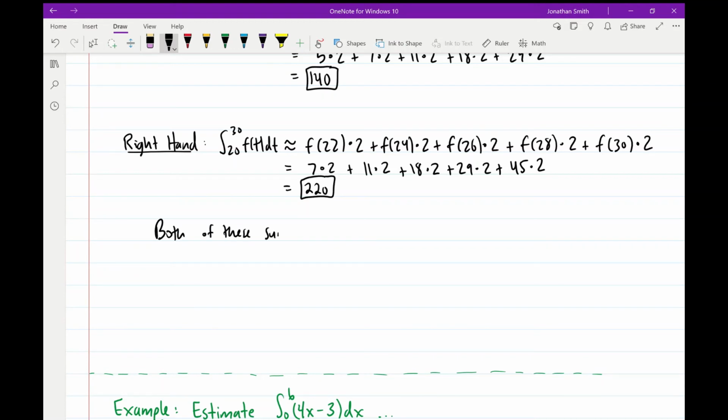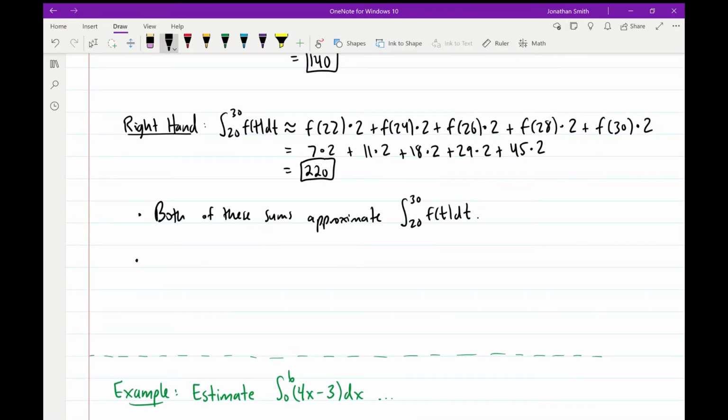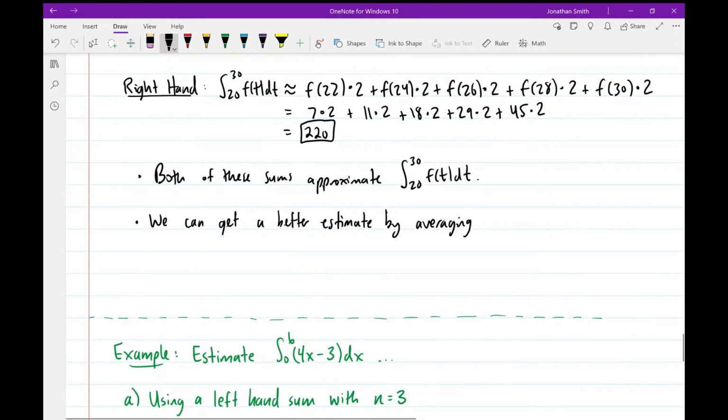Okay, so both of these sums approximate the definite integral from 20 to 30 of f of t dt, and we can get a better estimate of the actual definite integral by averaging the two values that we got for the left-hand sum and the right-hand sum.